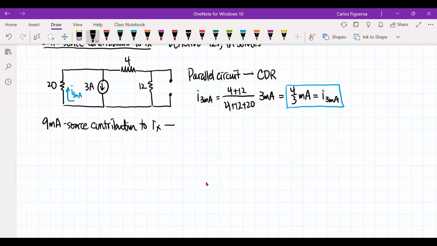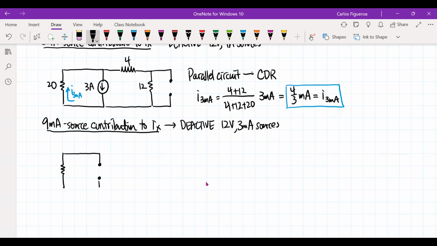So what do I have to do? I have to deactivate the 12-volt and the 3 milliamp sources. If I look at my circuit, it's going to look like this. I have a short, I now have an open, and then I have my 4 ohm and my 12 ohm.